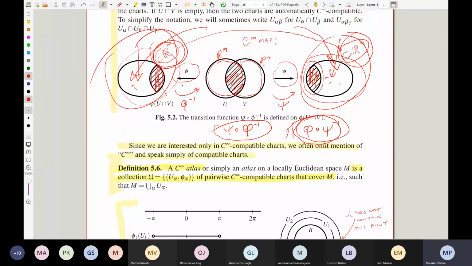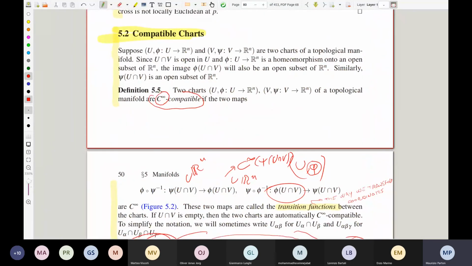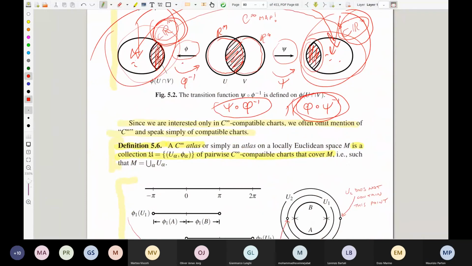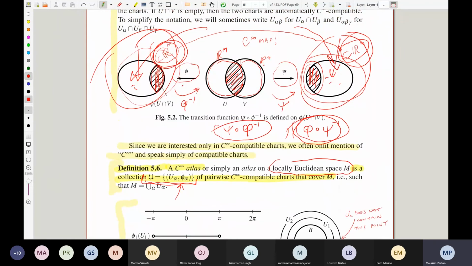Okay, so I will say that two charts are compatible if their transitions are C infinity. Now take a locally Euclidean space and assume that the charts are pairwise C infinity compatible, and you obtain a differentiable manifold. So from now on, a differentiable manifold is something where you have a picture like this.